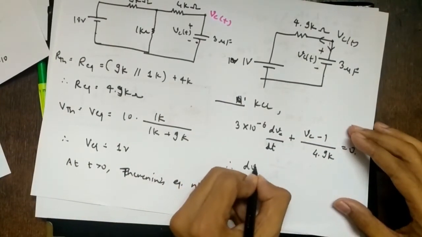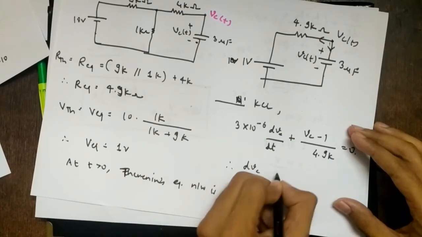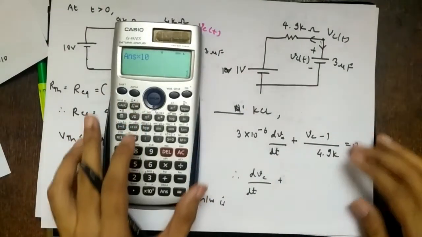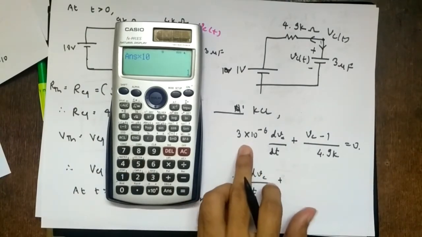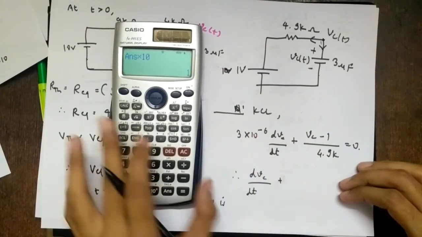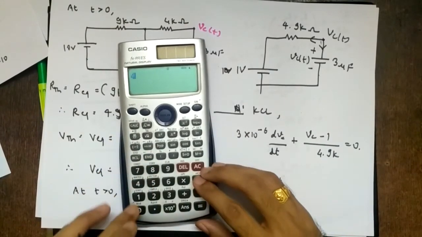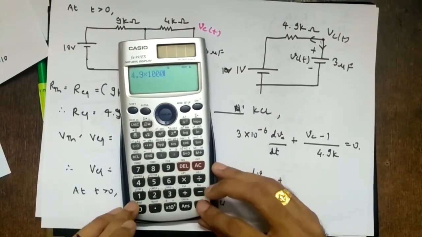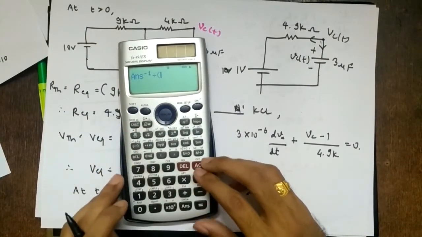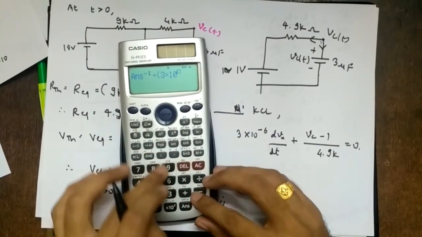Then multiply, so dVc by dt plus, I am dividing by 3 into 10 raised to 6, because I want this coefficient to be 1. So 4.9 into 10 raised to 3 inverse, divided by 3 into 10 raised to minus 6.